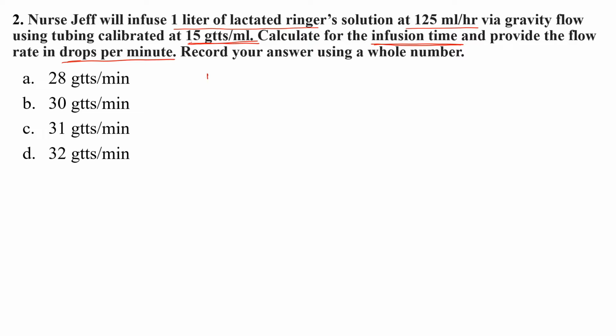So the formula for drops per minute is equal to total volume to be infused in milliliters multiplied by drop factor divided by time in minutes.